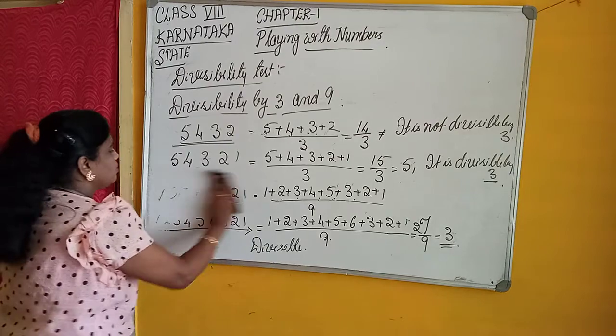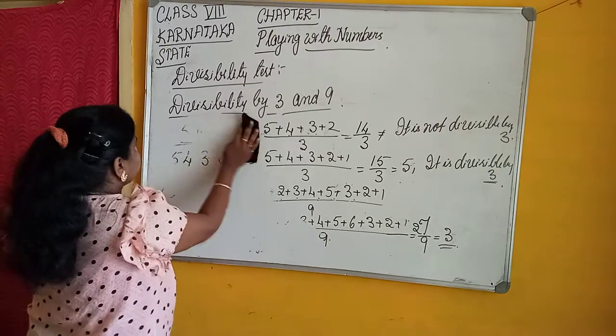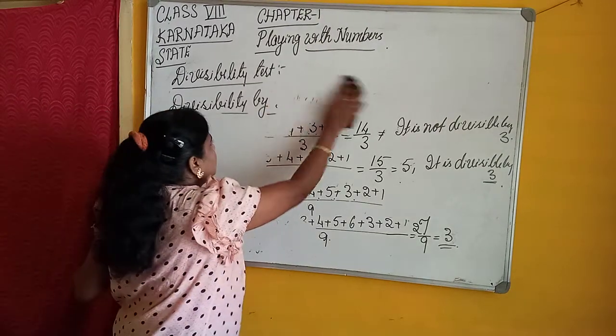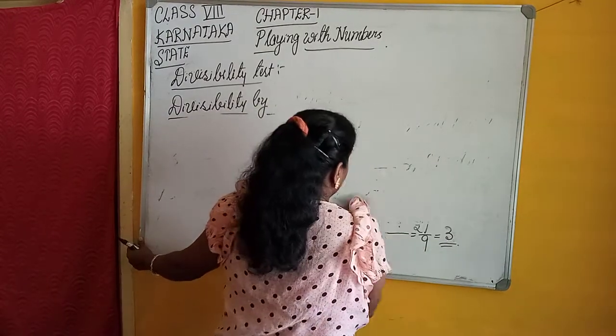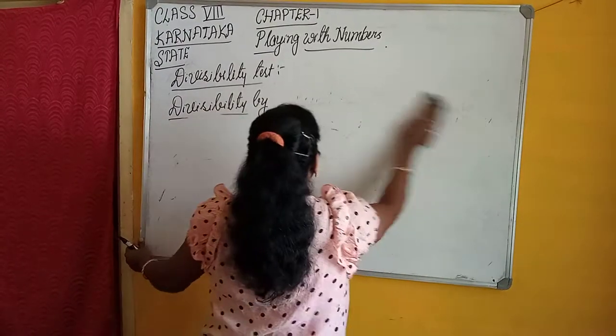Now let us check for the last one, that is divisibility by 11. We need to check whether the given number is divisible by 11 or not.